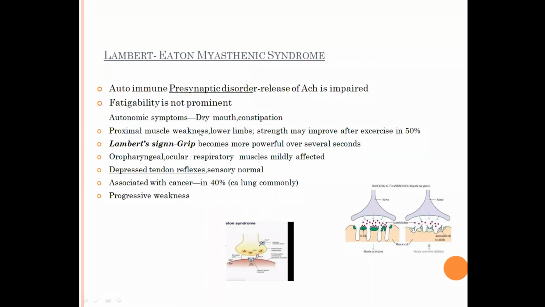Most often it is a proximal muscle weakness with autonomic symptoms. It has decreased tendon reflexes. Associated cancer is about 40%. So the idea of making a diagnosis of Lambert-Eaton myasthenic syndrome is to look for underlying malignancy.